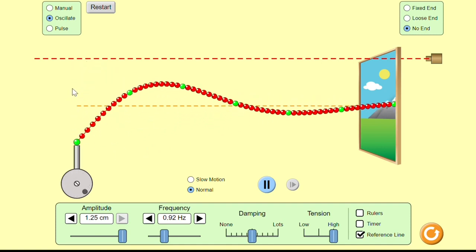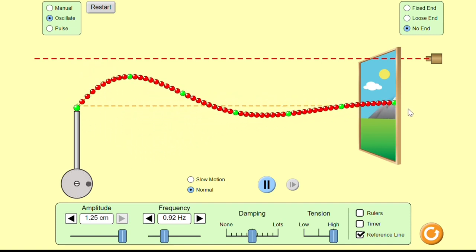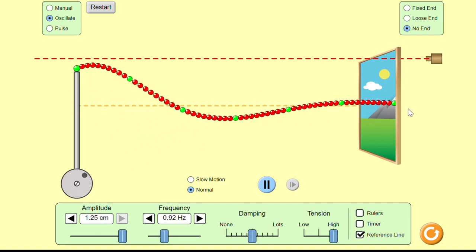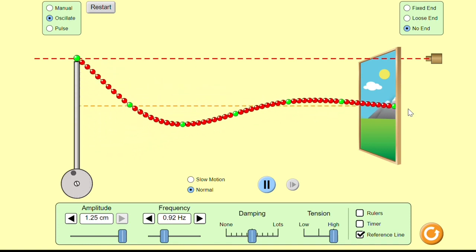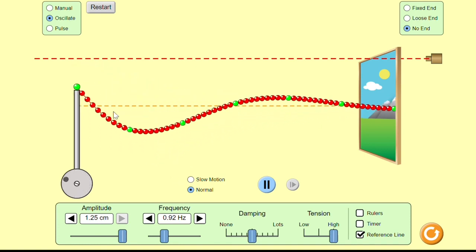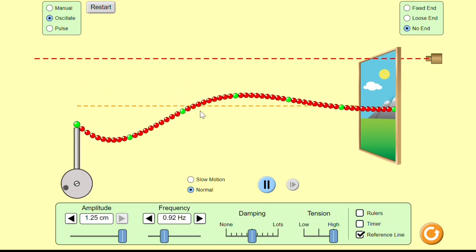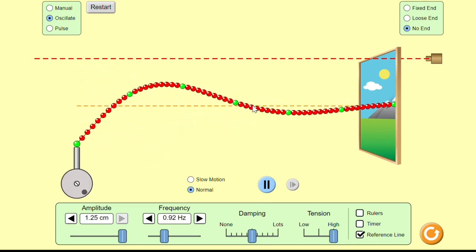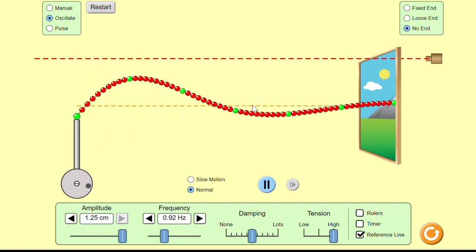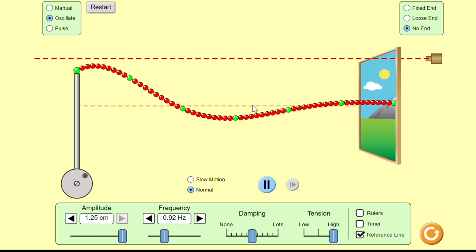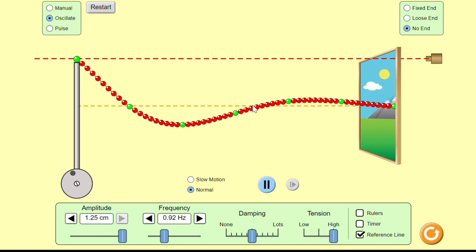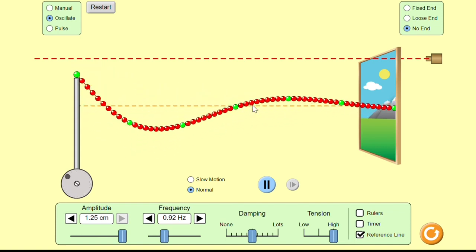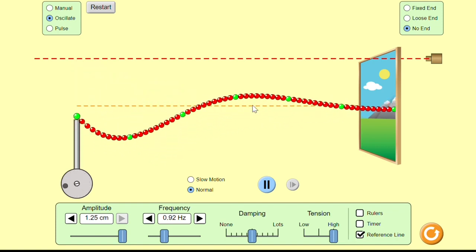So if our wave is moving to the right and we are saying our particles of the medium move up and down, well, the medium is this string that we have here, or the rope, whatever you want to call it, right? If we say that the particles are moving at right angles, then they should be moving up and down. So let's go ahead and analyze and see if that is the case.